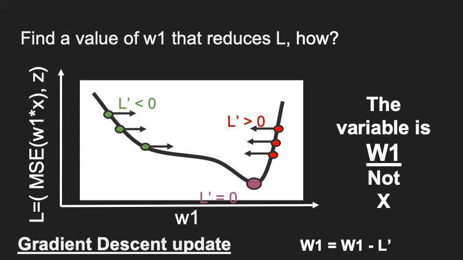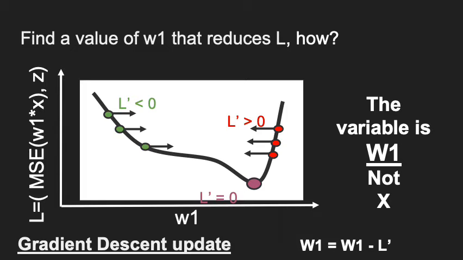If you remember your courses on derivatives, in this case the curve is going down, so the derivative is negative. And in this case, the curve is going up, so the derivative is positive.